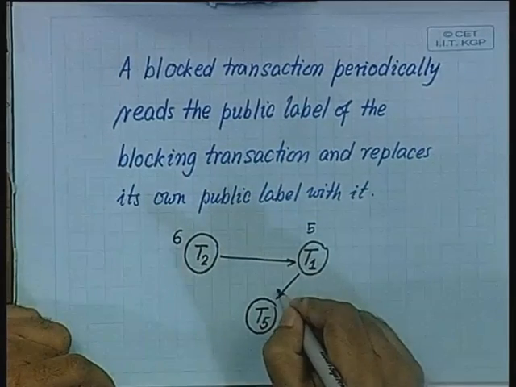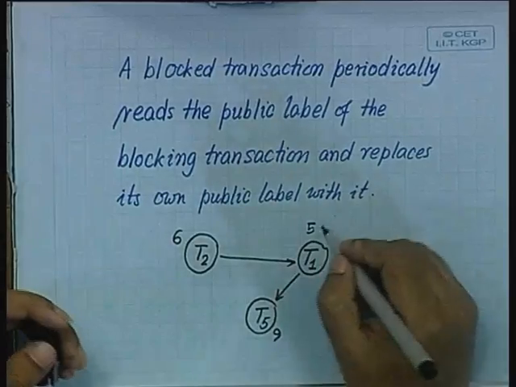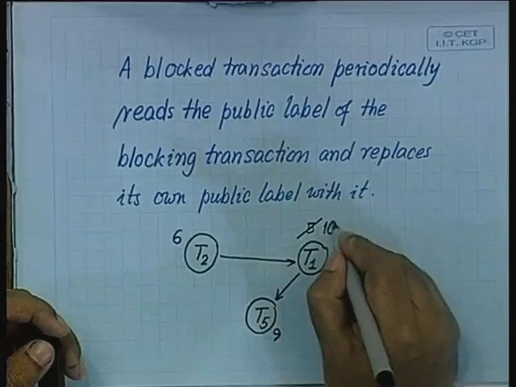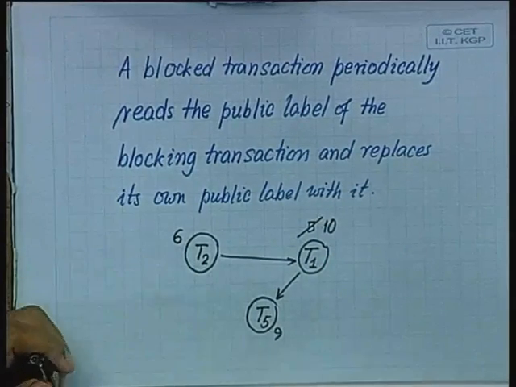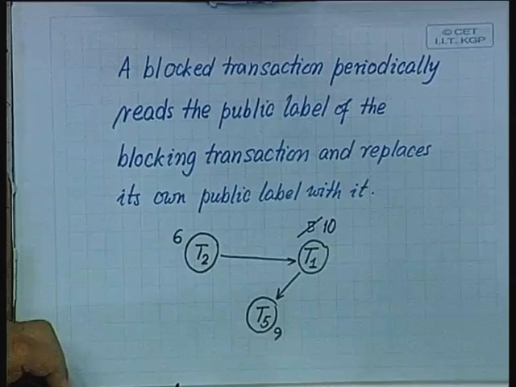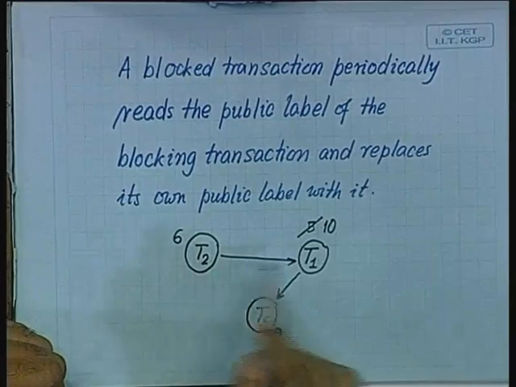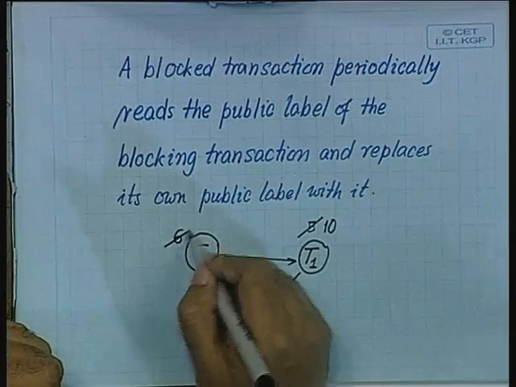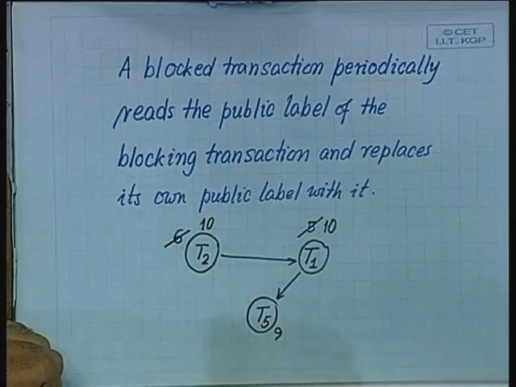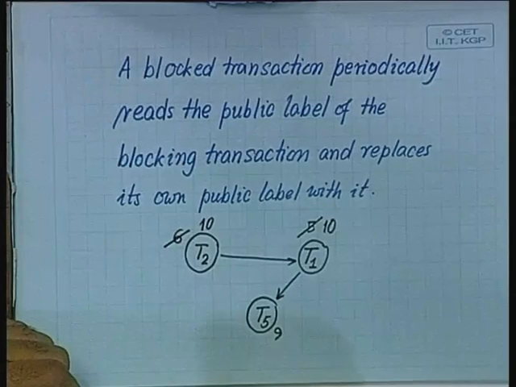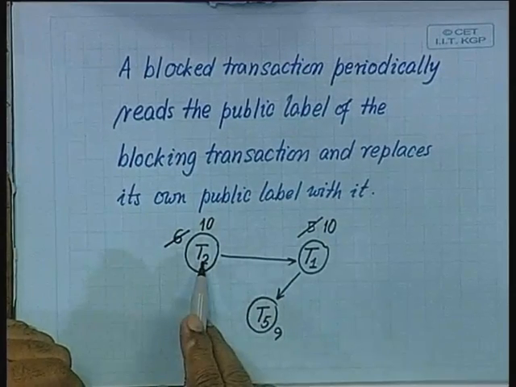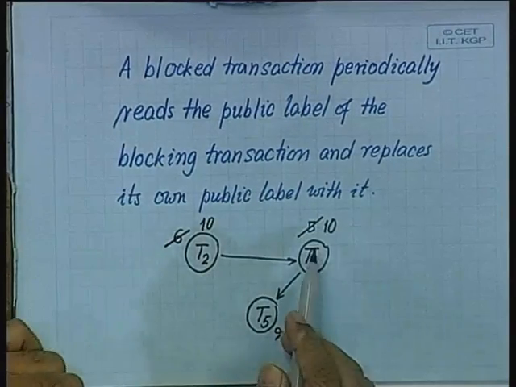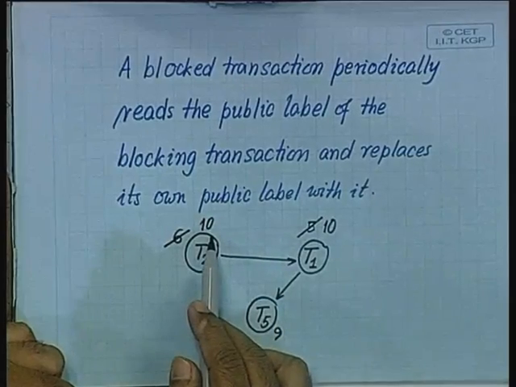So, when T1 blocks on T5, it will update its label to something larger than this, so 10, let us say. Now, T2 does not know that. So, periodically it will inspect the label of T1 and update itself. So, next time when it does it, it will also update itself to 10. This is just that when it first blocks, it will give itself a label greater than that, but later on periodically it will inspect and set it to the same value.